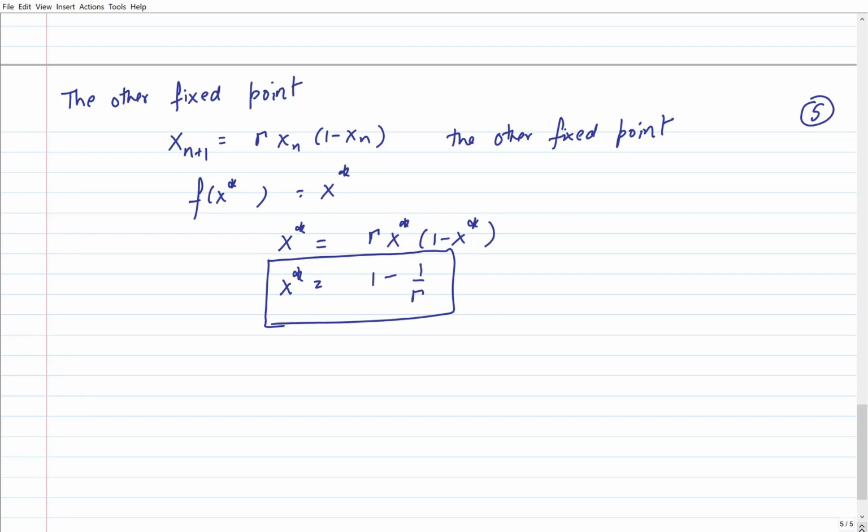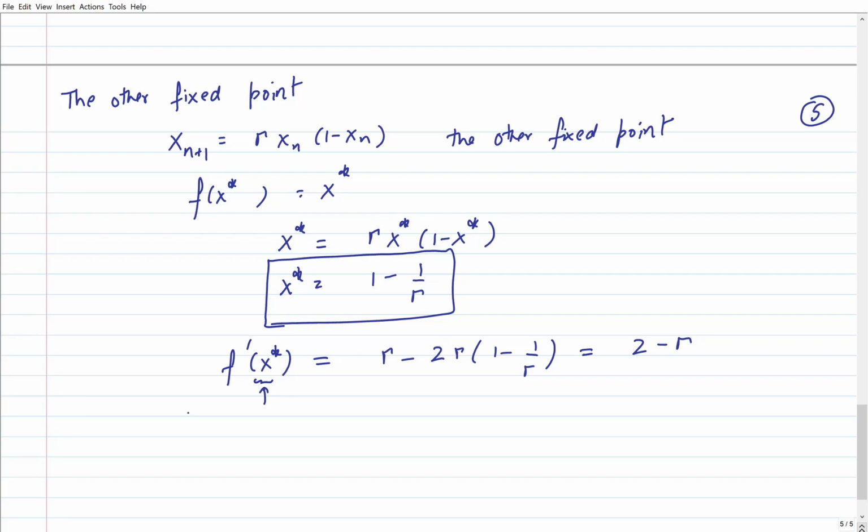And the slope, so I'm using the symbol x star for both the fixed points. It should be clear from the discussion and the context which fixed point I am referring to. So the slope it gives me is 2 minus r.